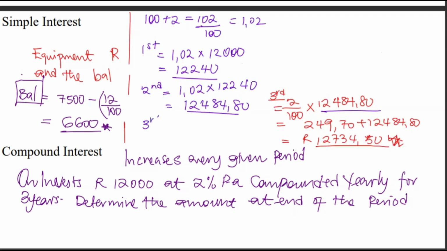So the third year now, this one does not split the interest. It gives you the final answer. This answer, you see that it's the same as the one that we have here.